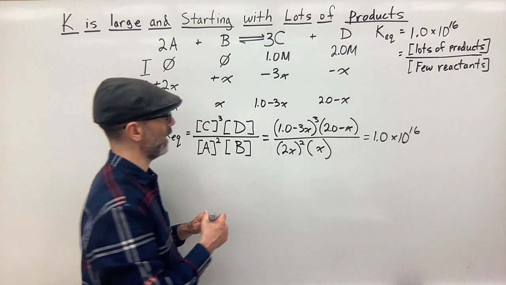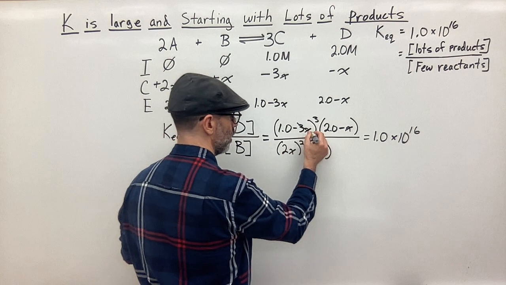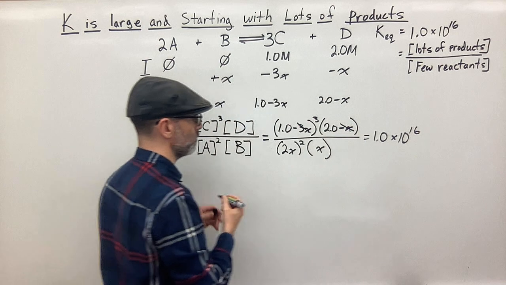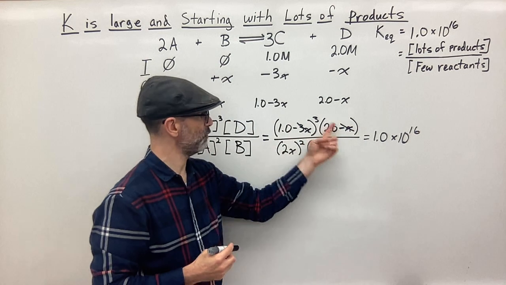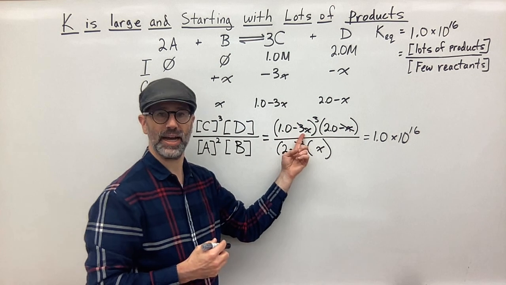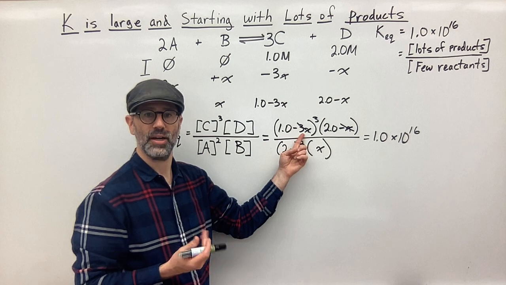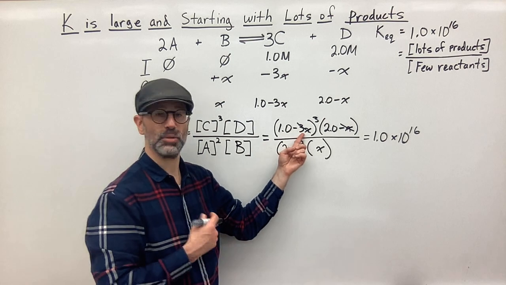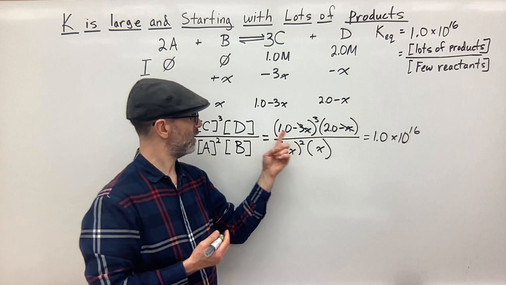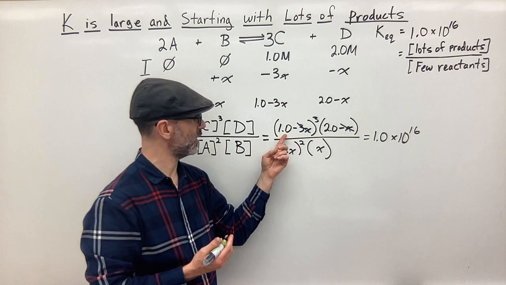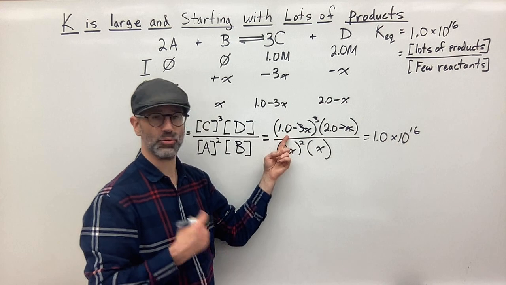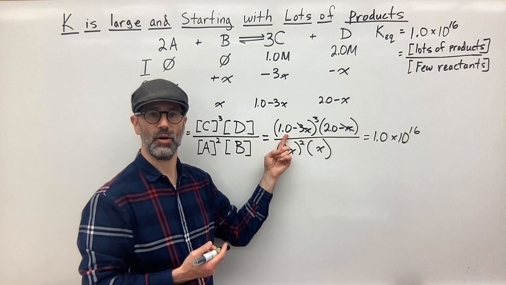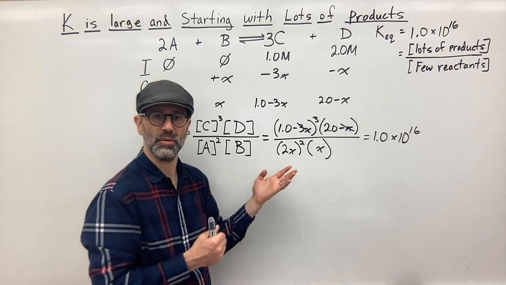So I can go ahead and ignore the changes here. And again, it doesn't matter if it's on top or bottom, as long as I can assume under these circumstances that x is going to be so small that subtracting it or adding it to the original amount is really going to have no effect on the original amount. So I can just go with the original amount.